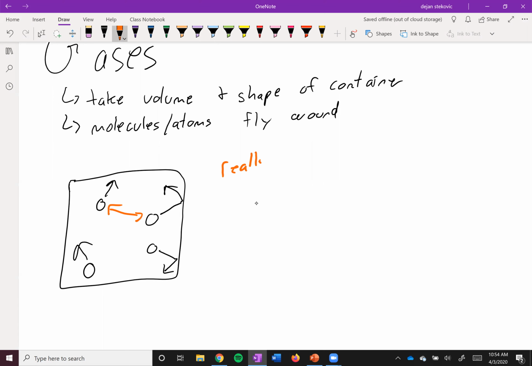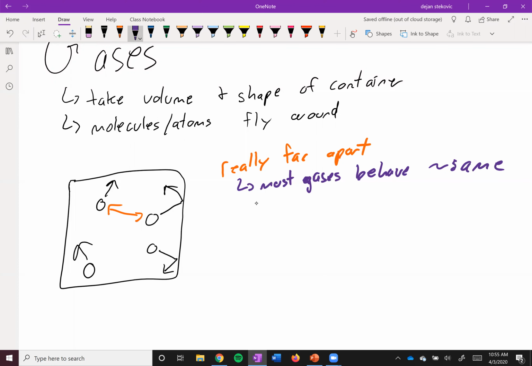Later on, we'll see that most gases behave approximately the same under standard conditions, normal conditions.